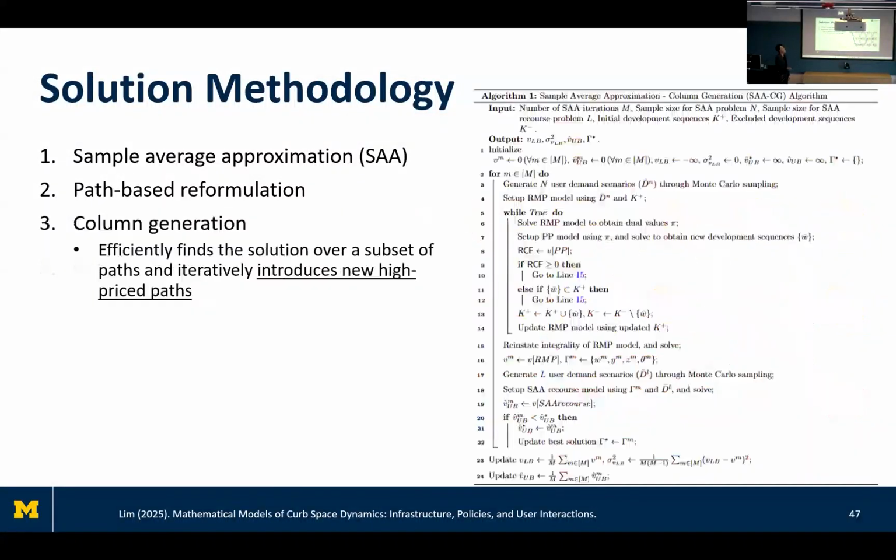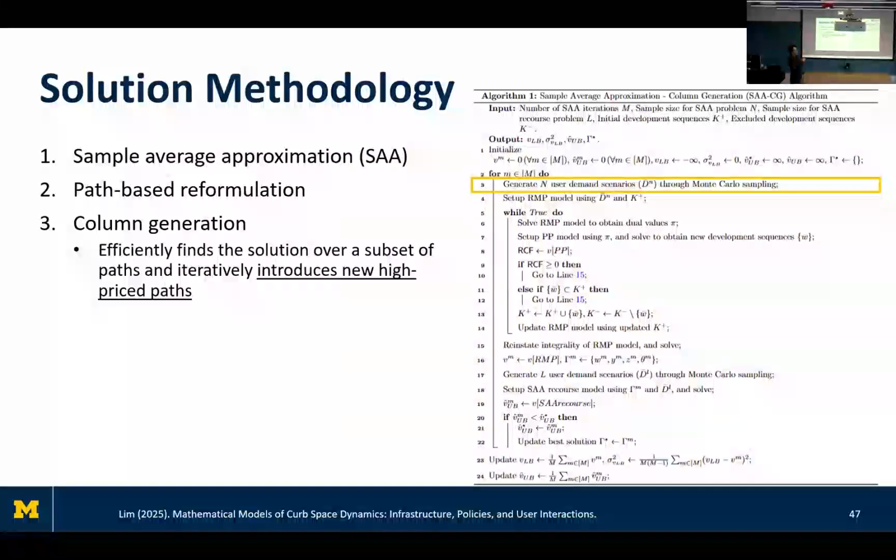However, it becomes a good foundation for a column generation method, which allows us to introduce new candidates of highly priced paths into our model, and which enables us to only consider good candidate development sequences in our model. So basically, we'll generate a series of Monte Carlo samples.